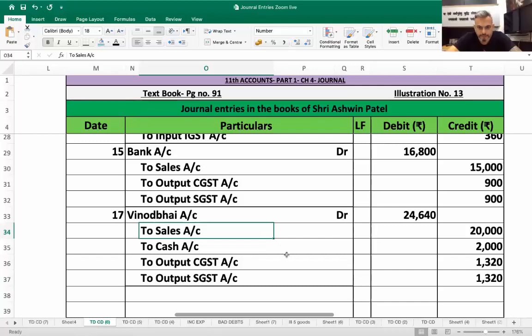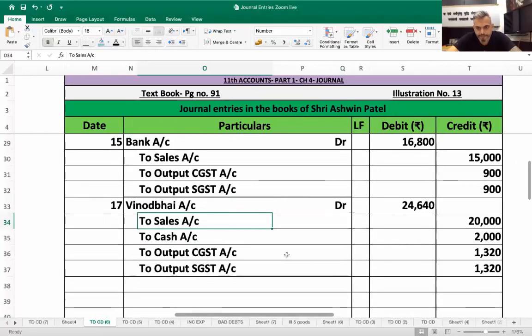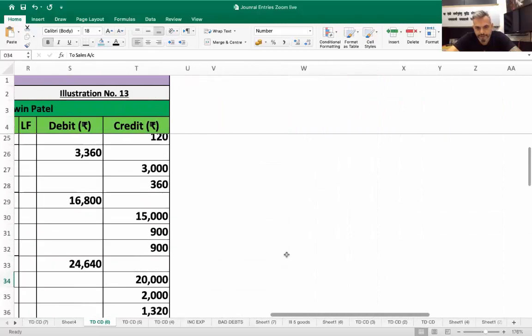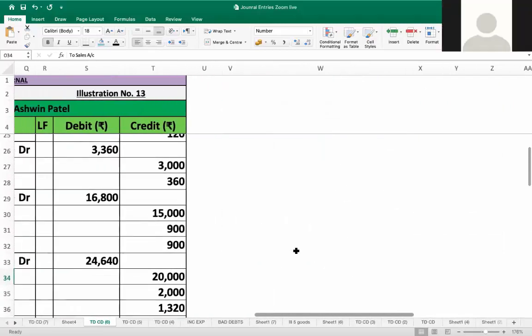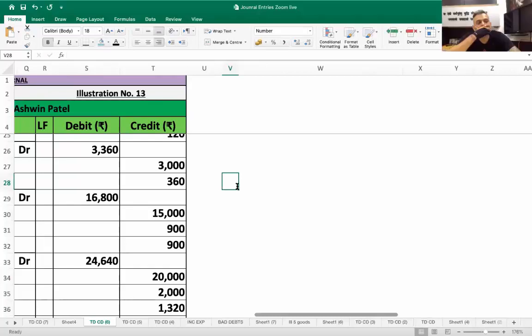Titi, you just come back with your doubt once again. Actually, I did not understand exactly what you said. Sir, when it was stated that the wages and railway freight was paid on his behalf, I thought that we just added it in the sales or purchase account. Wages paid on his behalf.